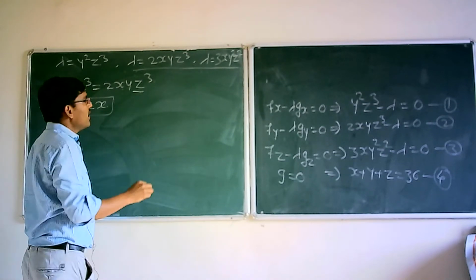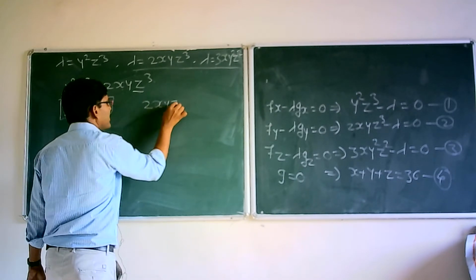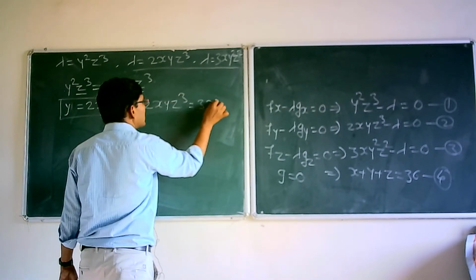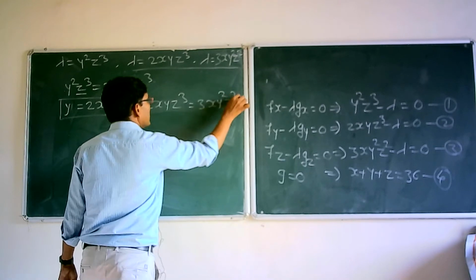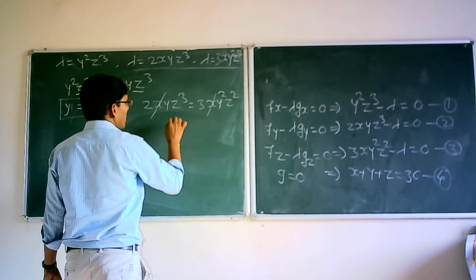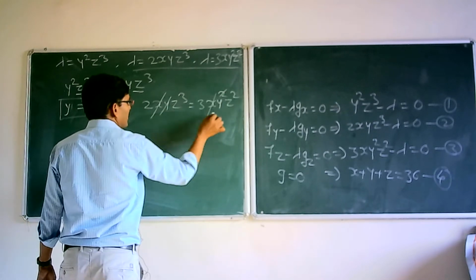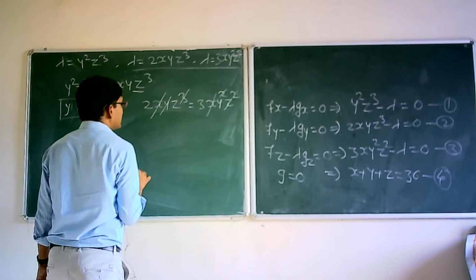Similarly, if we consider these two equations, since the left hand side is equal, this implies the right hand side should be equal. So twice x y z cube is equal to thrice x y square z square. What this implies, the x gets cancelled here. Then one y gets cancelled here, z square, and one z gets cancelled here.